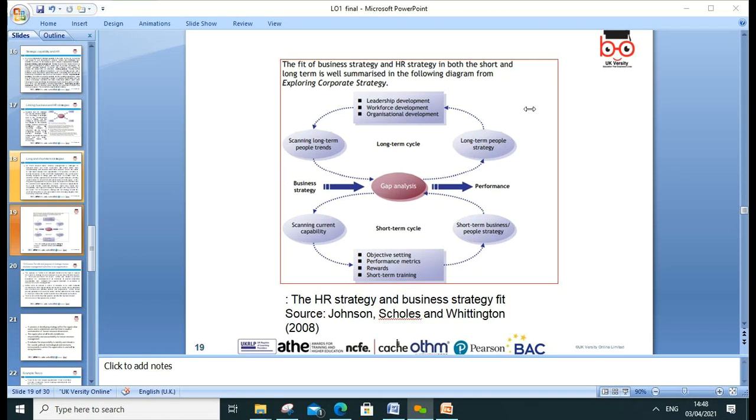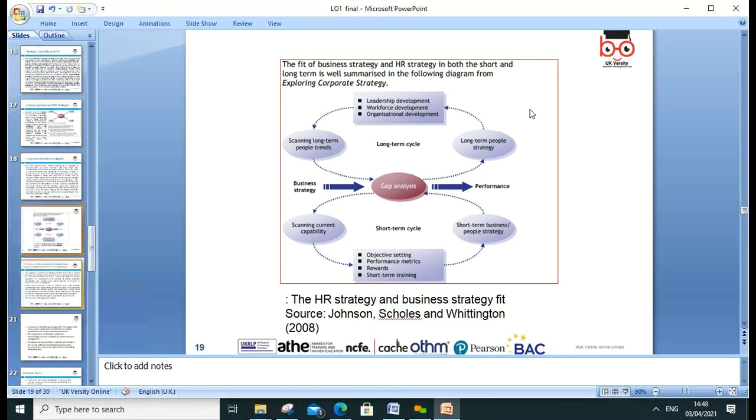Instead of just doing a degree, you are placed in an organization where you learn and apply the knowledge side by side. That's crucial, because it's not just capability, it's more about competencies. So we scan the current capabilities and short-term business needs, looking around the short-term cycle: objective setting, performance metrics, reward systems, all linked.